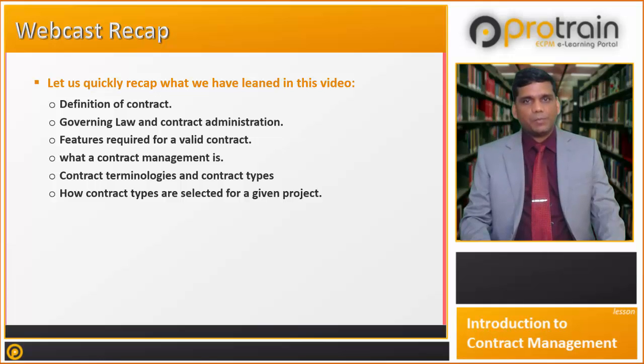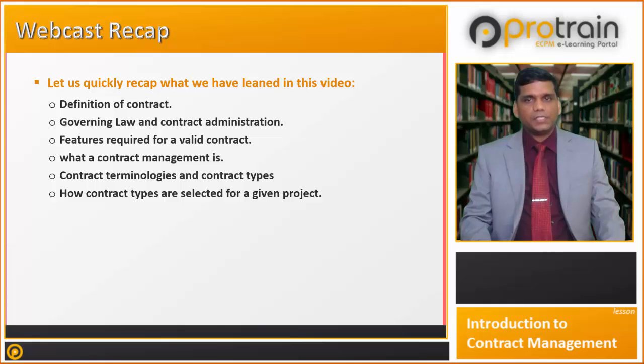We also discussed governing law and contract administration. We talked about features required for a valid contract. Key features for a valid contract are capacity to contract, an offer and acceptance.